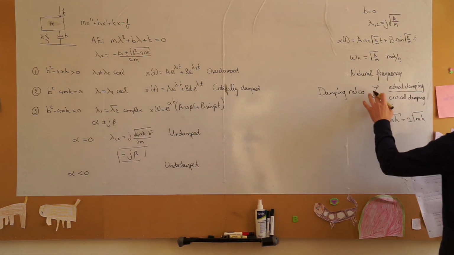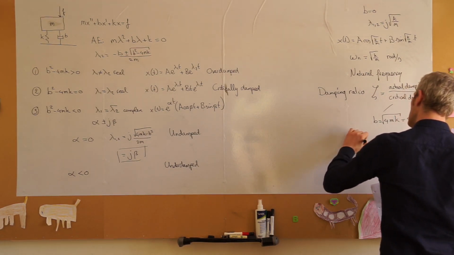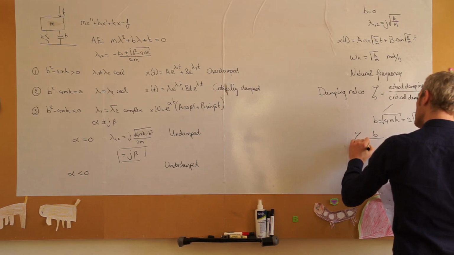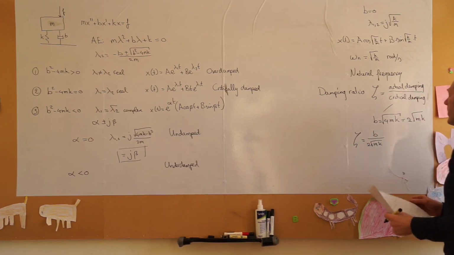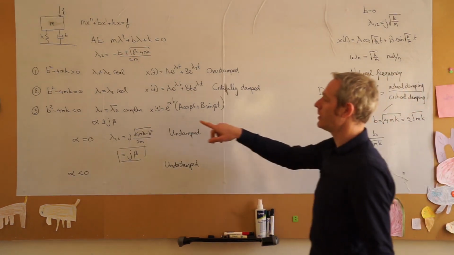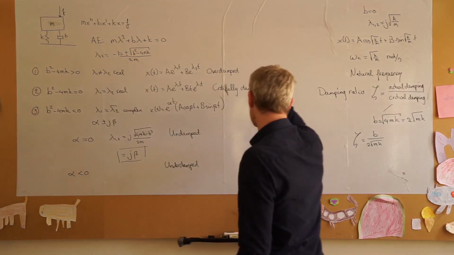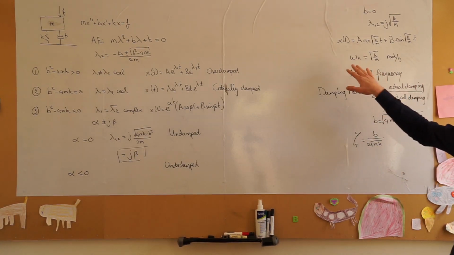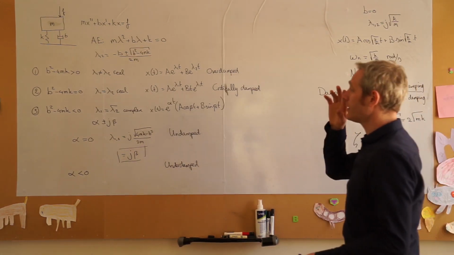And so our zeta becomes the actual damping B over 2 times the square root of M times K, which is just rewriting the square root of 4mk, which is the B value in this specific case. So we have the damping ratio zeta, and we have the natural frequency omega n, and we can rewrite our system.